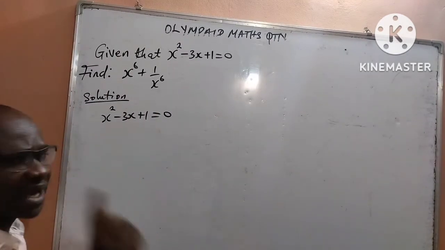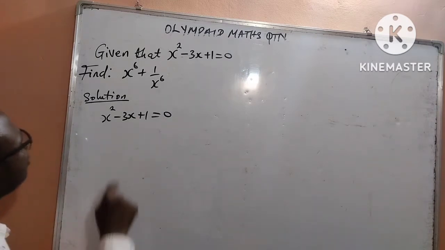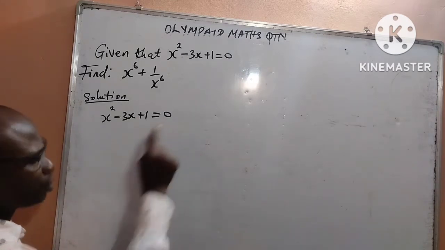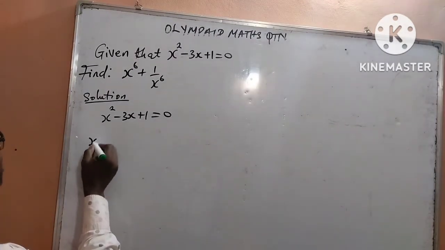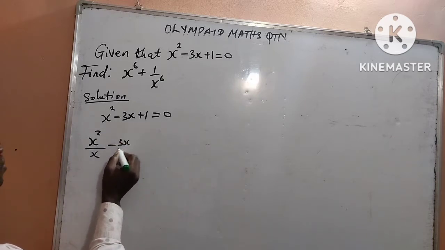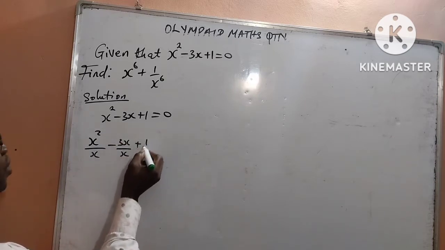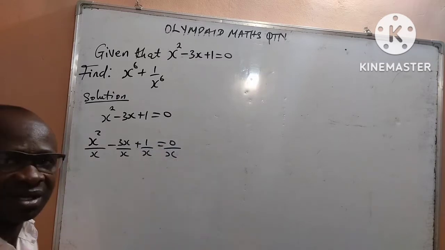The first step that we take here, we will meticulously follow it. Let us divide all through by x. And that means I shall have x to the power 2 over x minus 3x over x plus 1 all over x equal to 0 all over x.